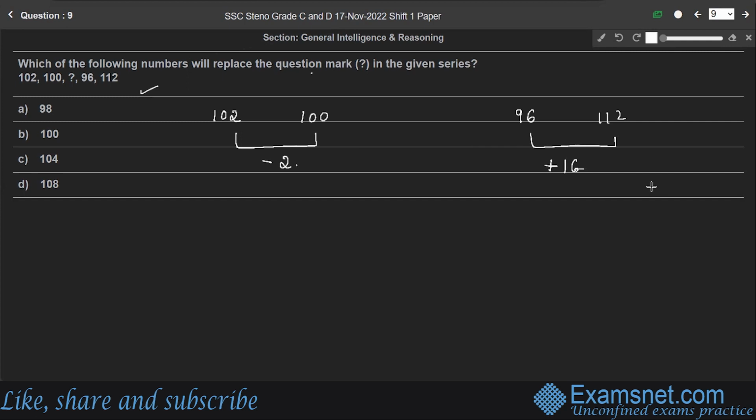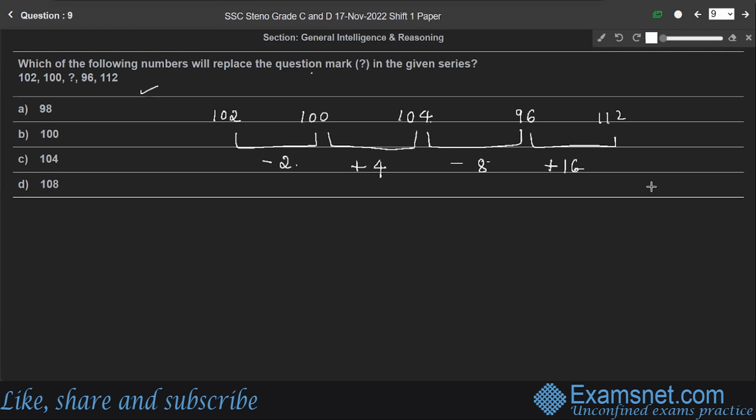So here minus 2 and 16, both the numbers are multiples of 2. To find the middle number, we'll consider the middle number as 104, such that 100 plus 4 gives 104 and 104 minus 8 gives 96.